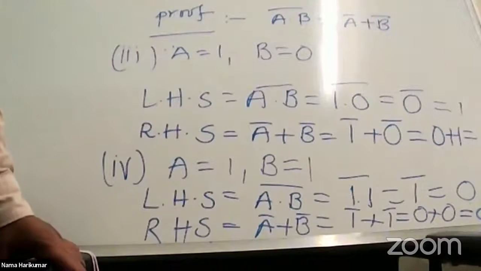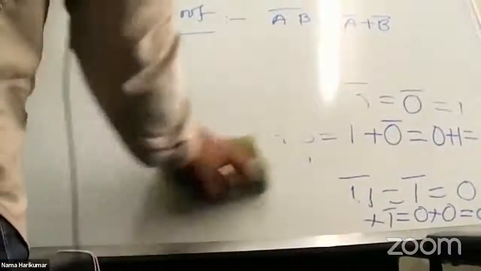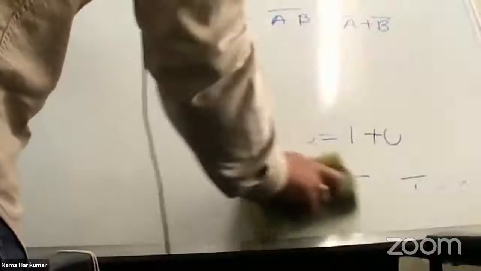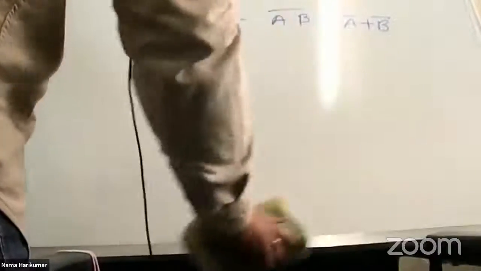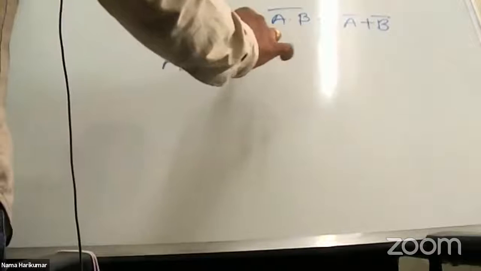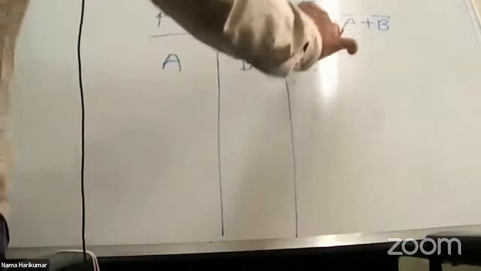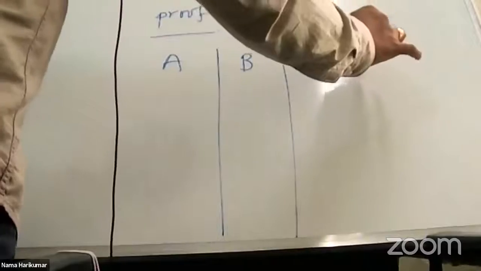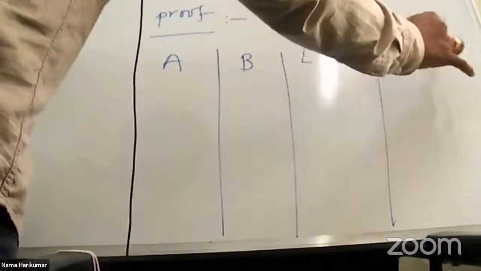We have to prove. So finally, what are the values in LHS and RHS when you put 0, 0, 1, 0, 1, 1? You can see the tabular form. The A and B, the LHS and the RHS.